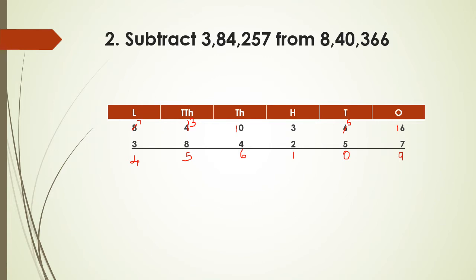One number will be reduced. Here you will get 13. 13 minus 8, you will get 5. 7 minus 3, 4. So now what is the answer? 4,56,109.